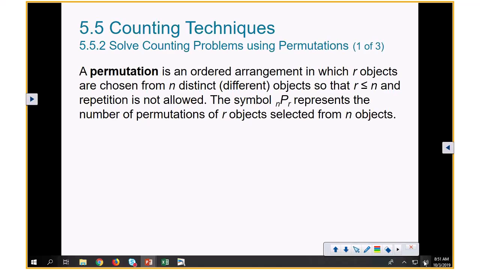A permutation is an ordered arrangement, meaning that the subspace is in order. 2 good examples of this would be a trifecta. What's a trifecta? It's like a race. Usually it's involved with a horse race.